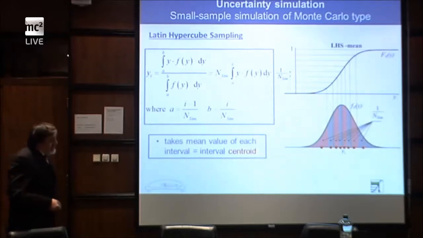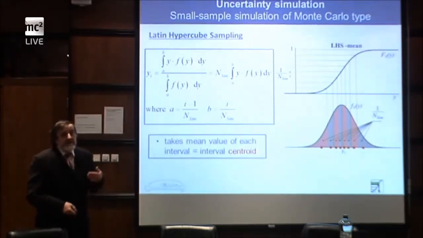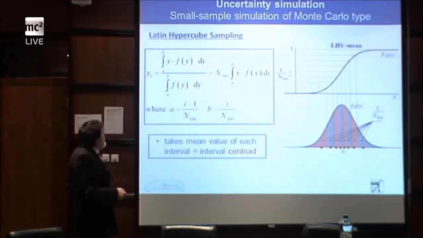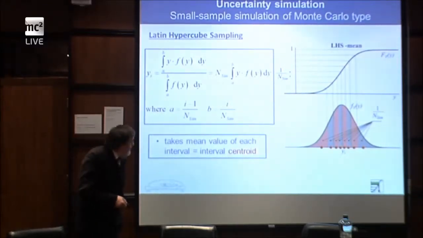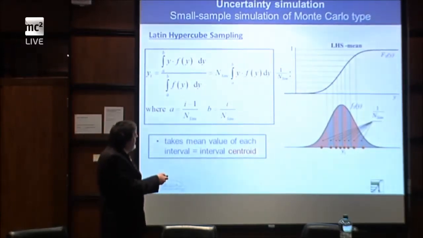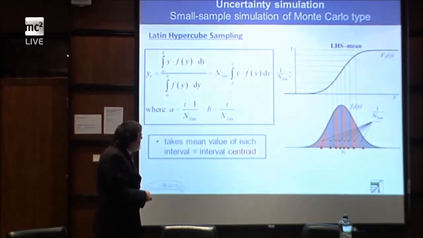Now it's necessary to say something about uncertainty simulation, because this uncertainty simulation is used for small sample training of the network. We use the so-called Latin hypercube sampling, the technique which was invented by Iman and Conover, based on simulation of the mean value. Each random variable, which is a randomized parameter for training of the network, is represented by a distribution function and a corresponding probability density function.